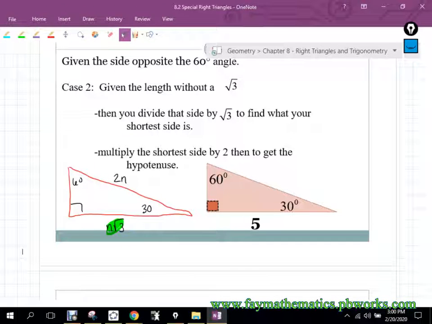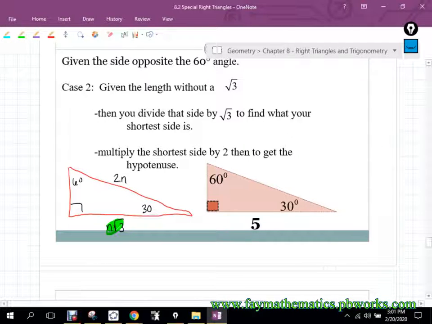So the 5 is my n radical 3 side. But the radical 3 has already been kind of multiplied through with another factor to where it generated the 5. Okay? So it doesn't have to be like the last one where it's 1-to-1, where you see the radical 3 actually existing in the number. Okay? What we're going to do here through division is actually pull out what number radical 3 was multiplied by to get the 5. Okay?